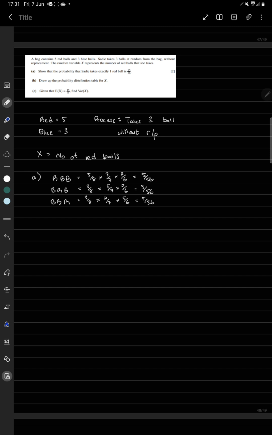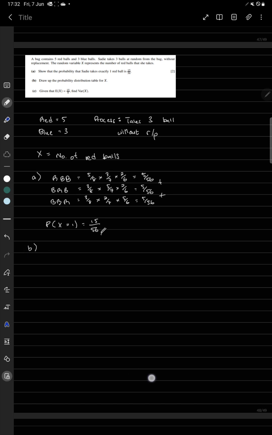Since we've listed all the possible events of getting exactly 1 red, we want to add all of these events. We plus them all, and we get the probability of X equals 1 is 15 over 56.